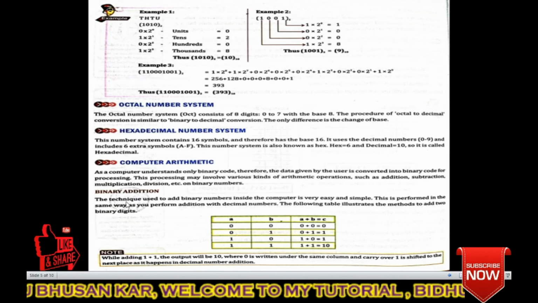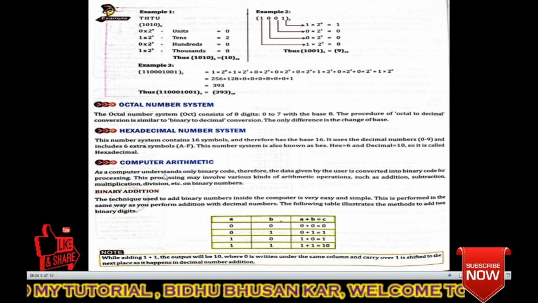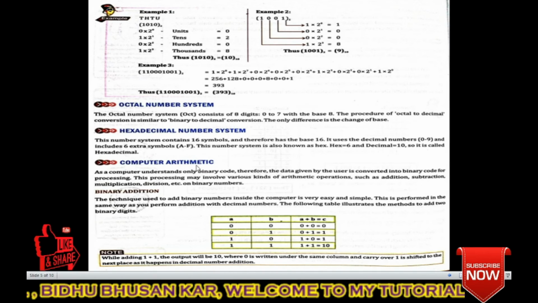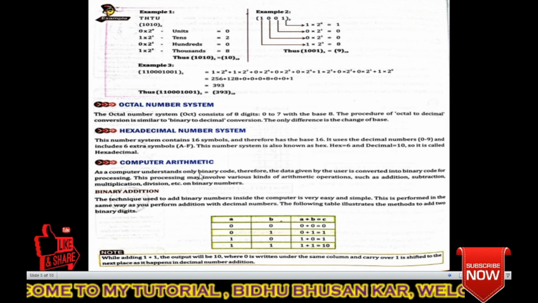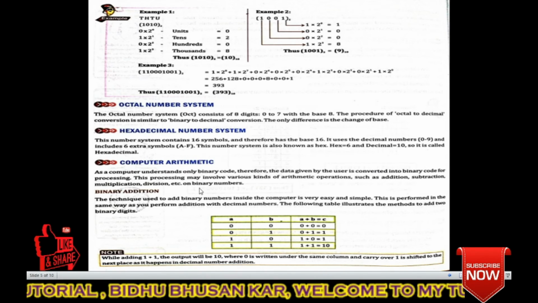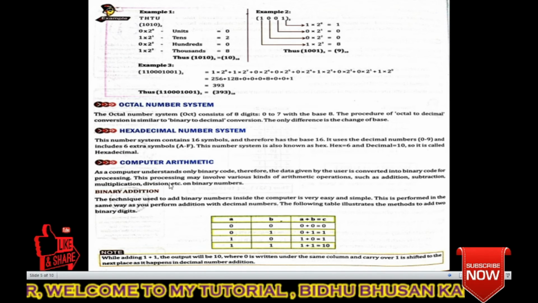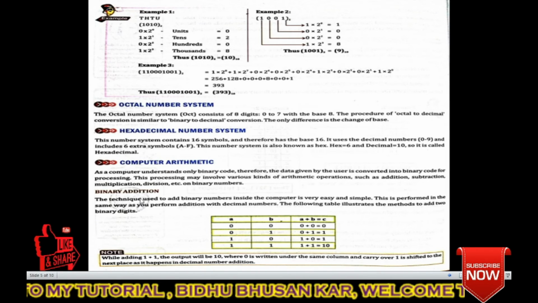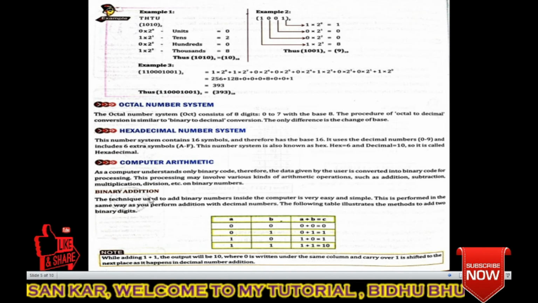Next, let's start binary addition. What is the meaning of that? Computer arithmetic means how the computer will calculate. As we know, everything in a computer is converted into binary digits, meaning 0 and 1. We'll read how the computer will add. So, binary addition. Let's start.